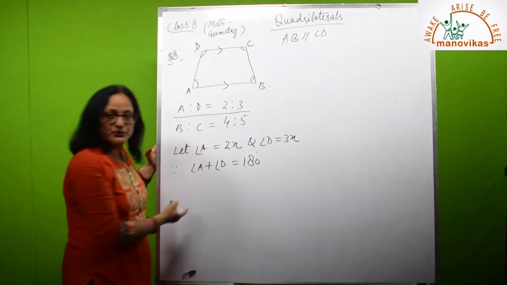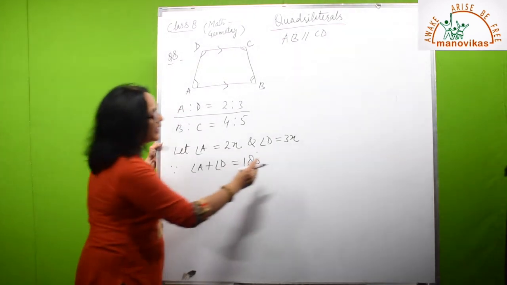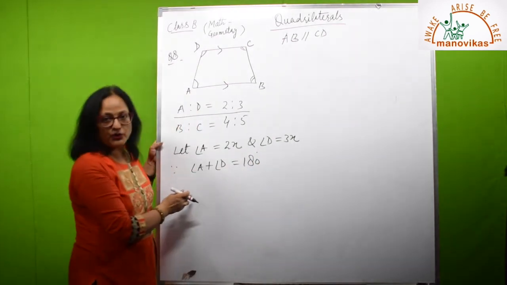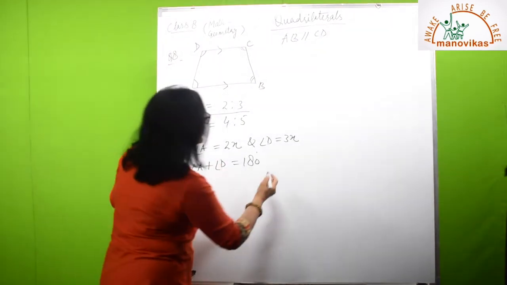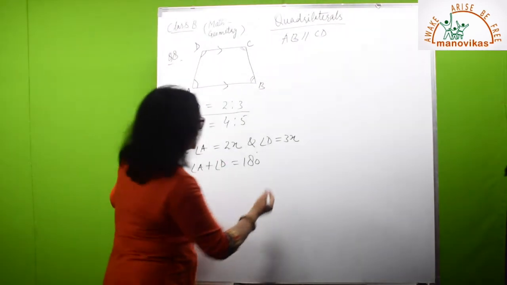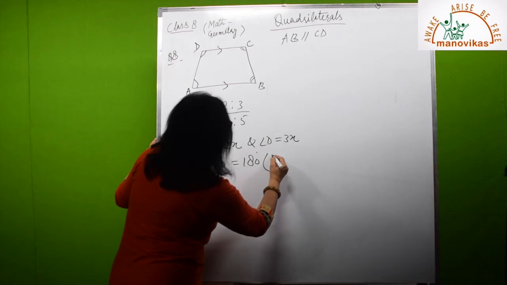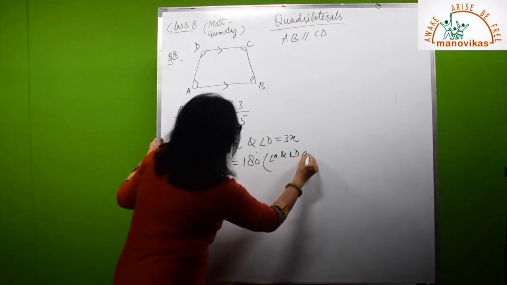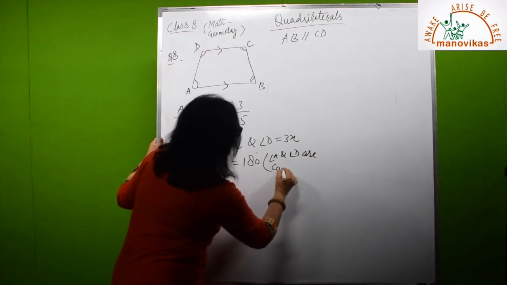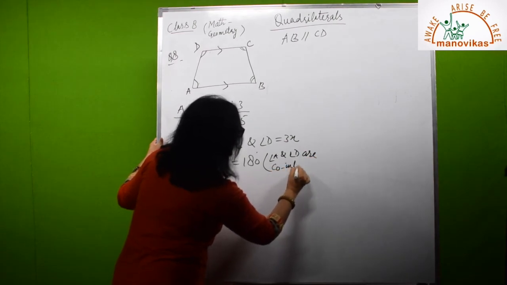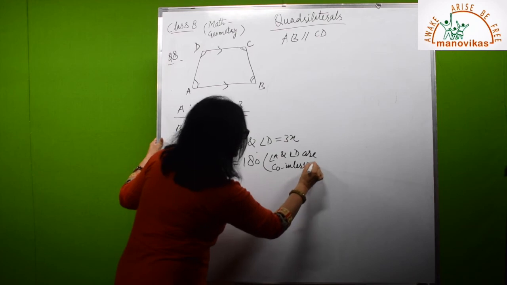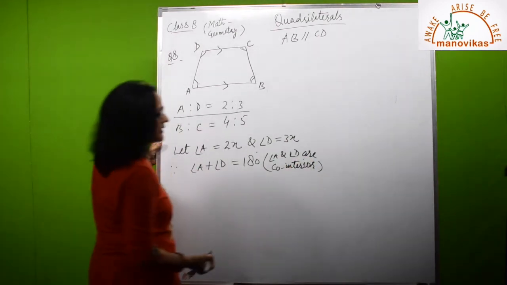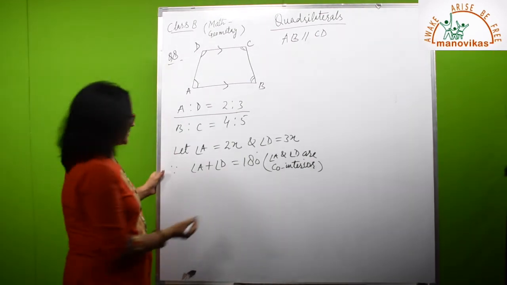Now because we are using a result, we have to mention the reason for this result. Why are we taking it equal to 180 degrees? This is because angle A and angle D are co-interior angles, so their sum is equal to 180 degrees. But you have to mention only the reason: angle A and angle D are co-interior.